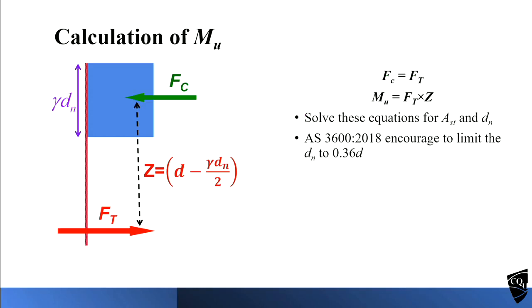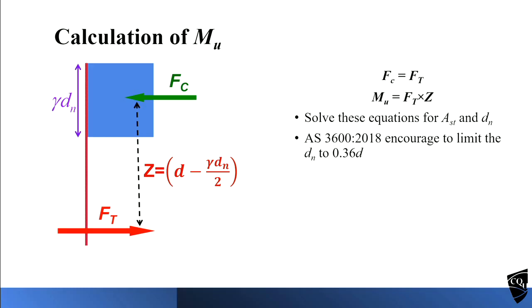Once you have solved the equations, you will get AST and dn.